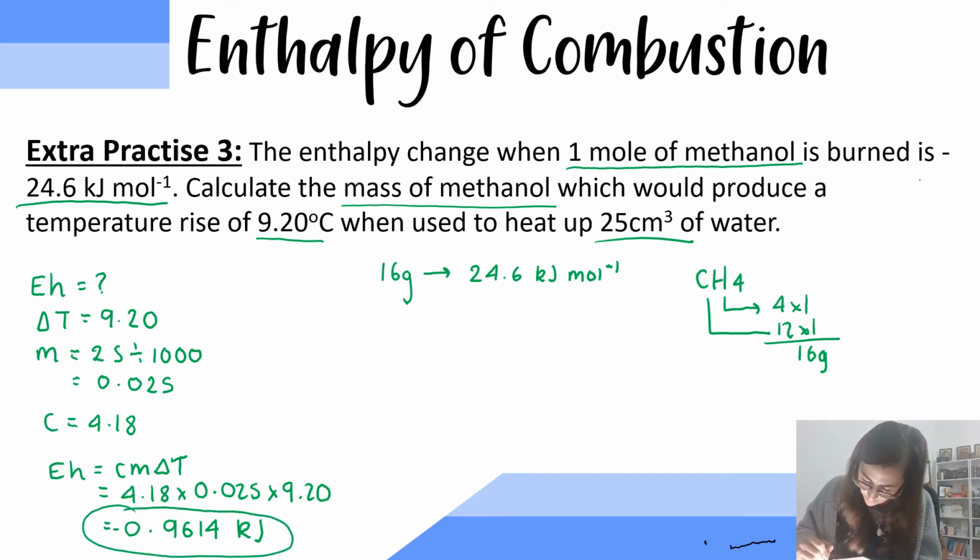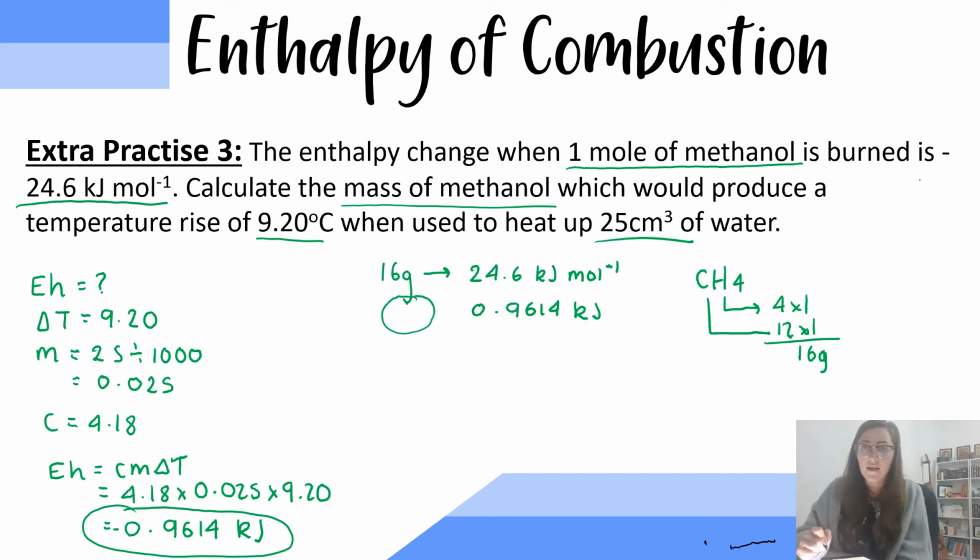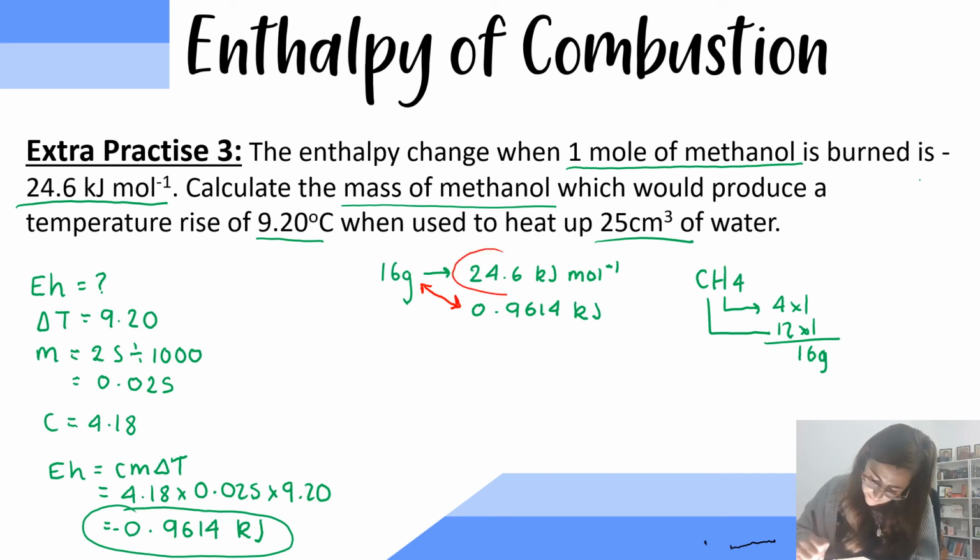So if I put my 0.9614 kilojoules in here, I'm trying to figure out what mass of methanol I would need to burn in order to heat it up by 9 degrees, in order to release 0.9614 kilojoules. I'm doing a cross multiplication here again. I'm timesing those two things together and dividing by this number here.